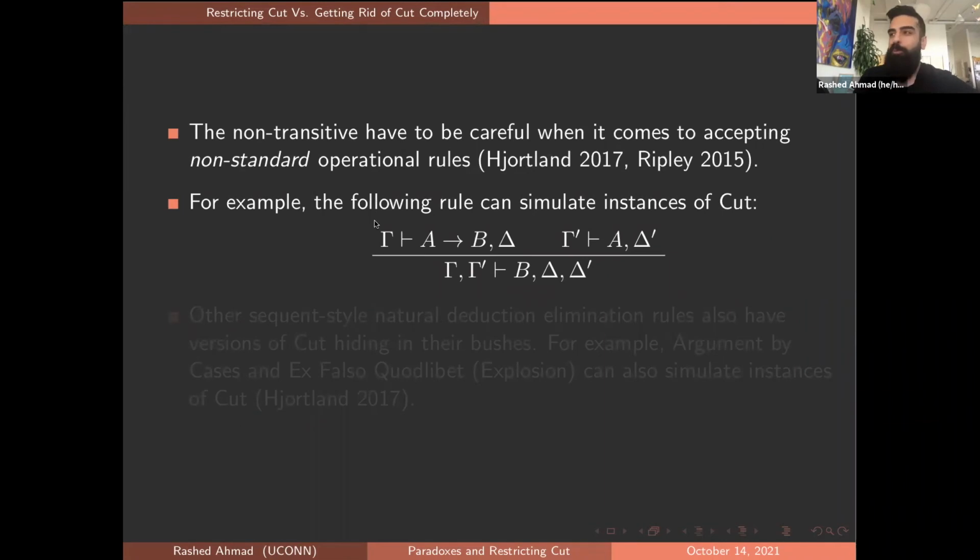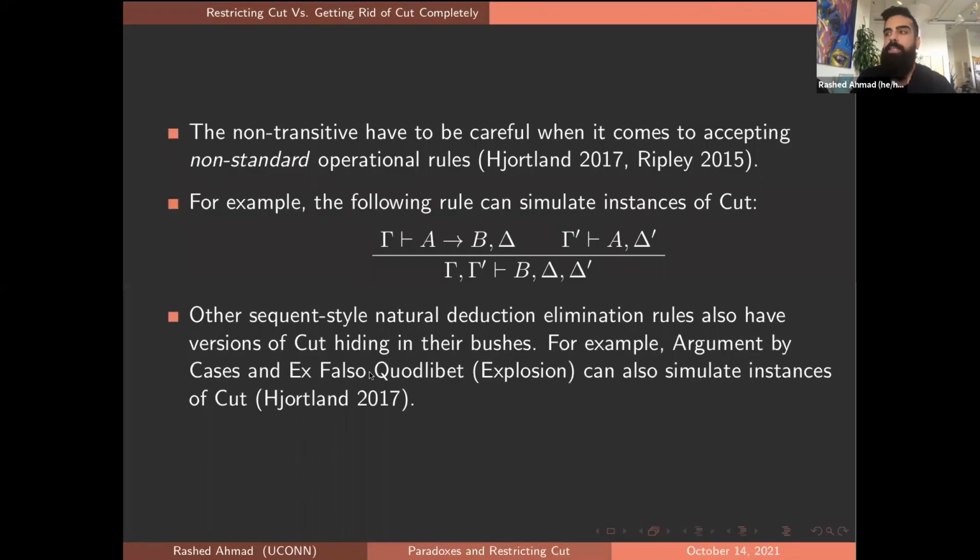We have to be careful, but I'm going to show you a little difference between us, right? So for example, this instance of modus ponens can simulate cut, and as a result, we can use that simulation of cut to construct Curry's paradox because it's an instance of cut that is used for Curry's paradox.